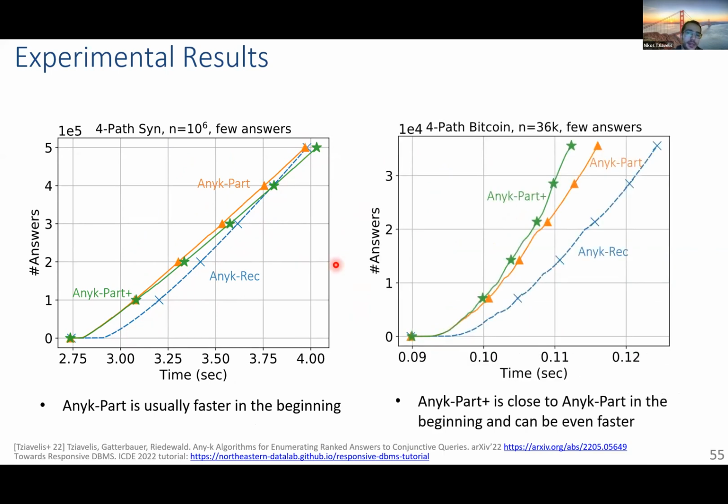Now the new algorithm, Anyk-Part plus, can also be better in the beginning if there are enough opportunities for reusing the order of suffixes. You can see here an experiment on a real world network from Bitcoin, and here the Part plus variant is indeed faster than both of them.